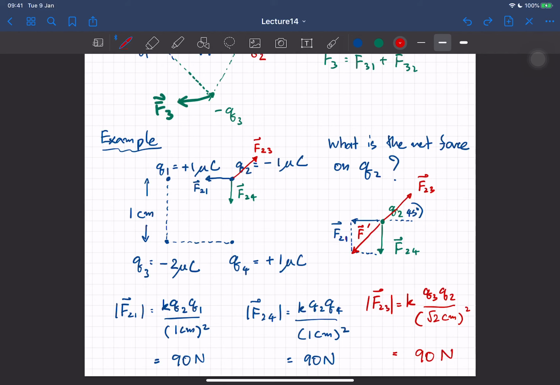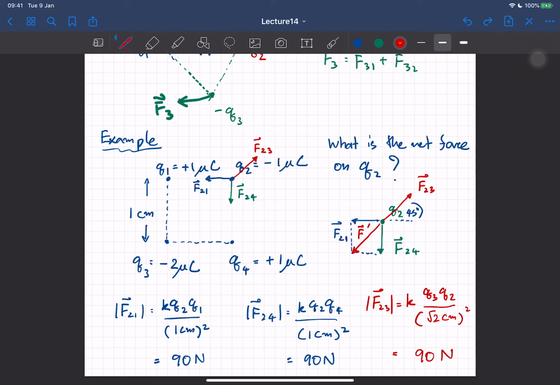They now repel each other, so the force is pointing that way instead of that way. And then the last pair is Q2 and Q4, which is still attracting, so the force is pointing this way for Q2.